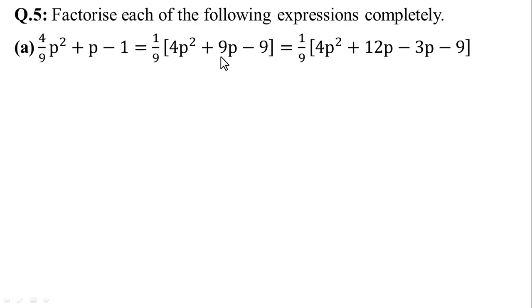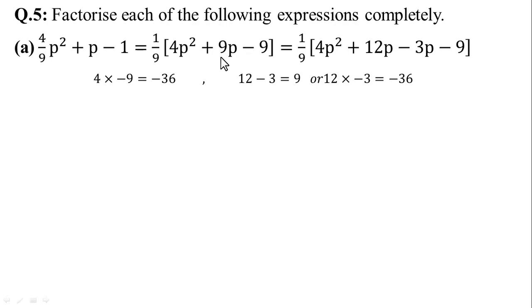Now we can do mid-term breaking of 9 into two factors. Here 4 multiplied by minus 9 is equal to minus 36. Now the mid-term breaking of 9 into two parts, 12 and 3: 12 minus 3 is equal to 9, and 12 multiplied by minus 3 is equal to minus 36.